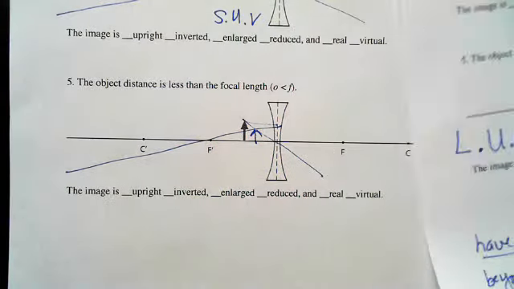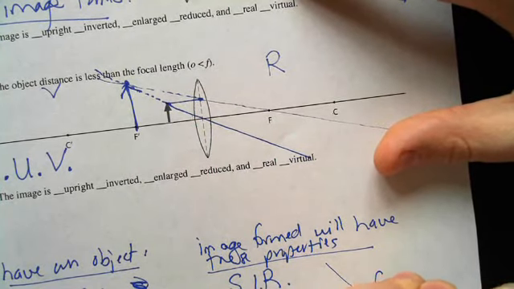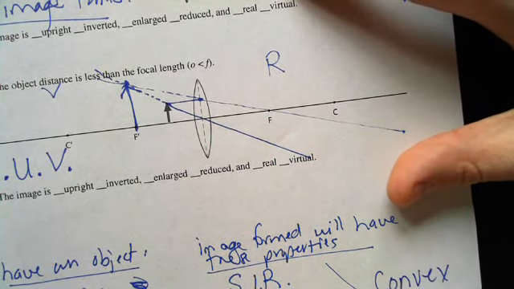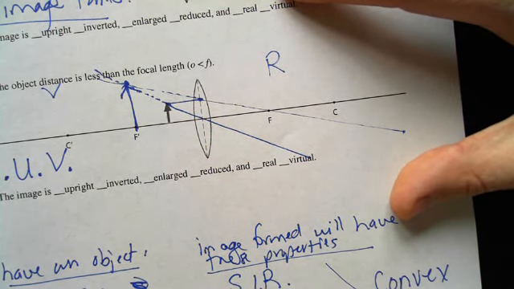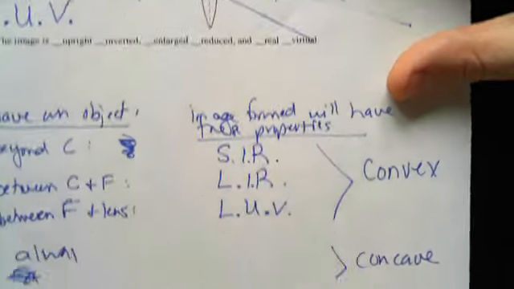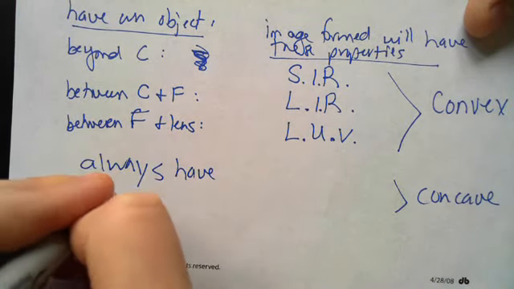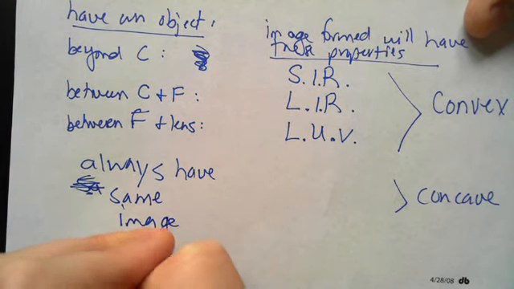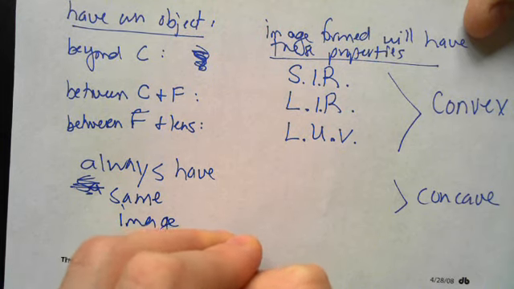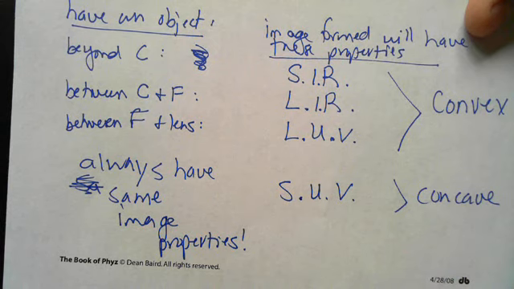So, if we go back here, these are for convex and for concave. They always have the same image properties. SIR, LIR, love, and SUV. Okay?